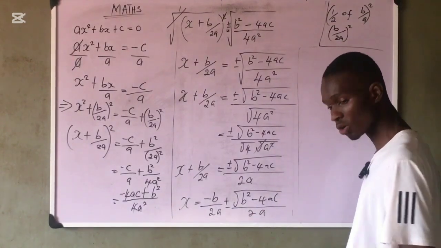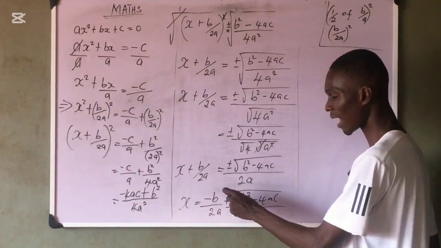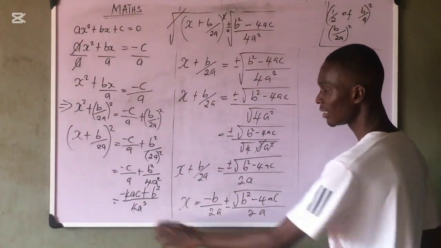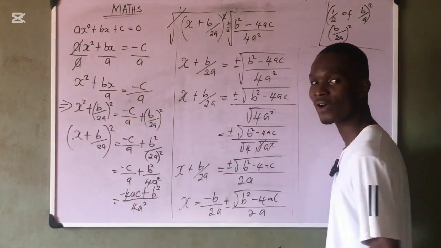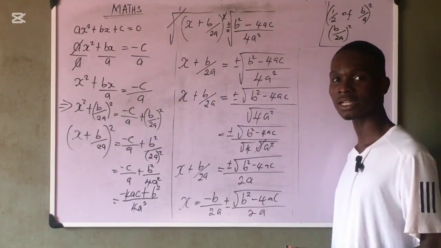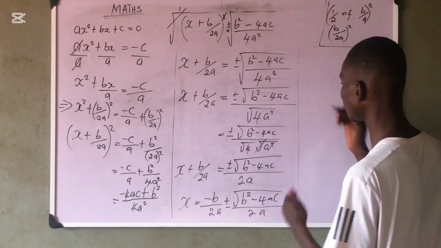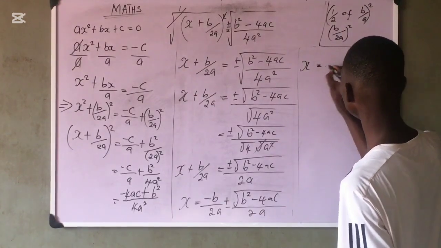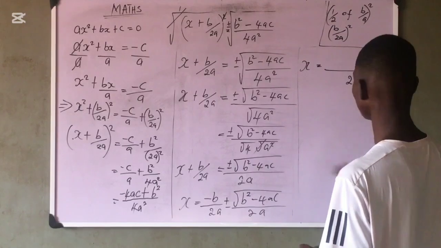When you look at this point, you observe that these are two fractions separated by plus or minus. Remember, initially I told you that when two fractions are separated, you find their LCM. And to this point also, we are to get the LCM. What is the LCM of 2a and 2a? The LCM of 2a and 2a is still 2a.